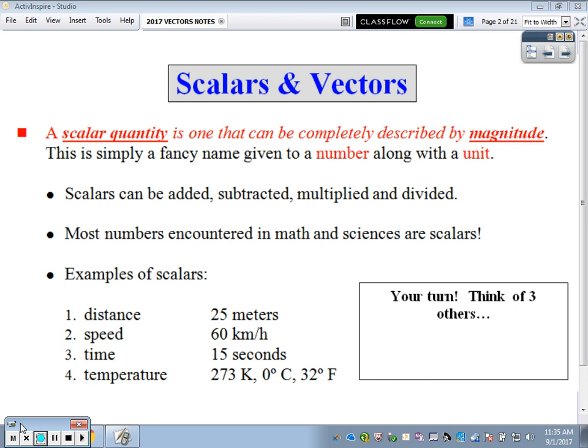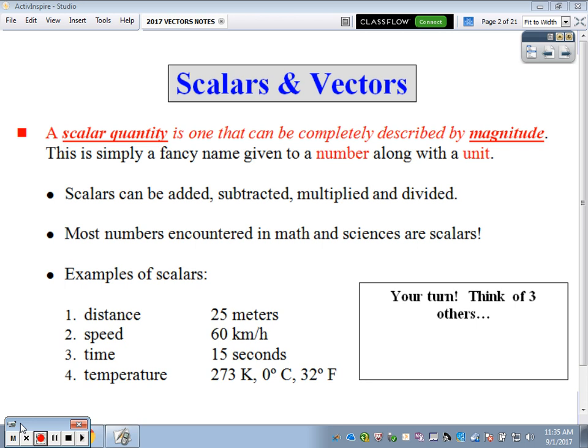The first example of a scalar quantity is a distance. The example here given has 25 meters. In this case, meters ends up being our preferred SI unit, but we can express distance in any number of units. That could be 25 feet, 25 miles, 25 kilometers.